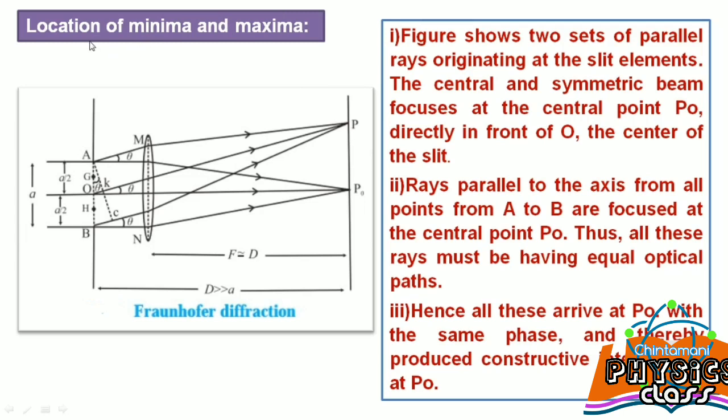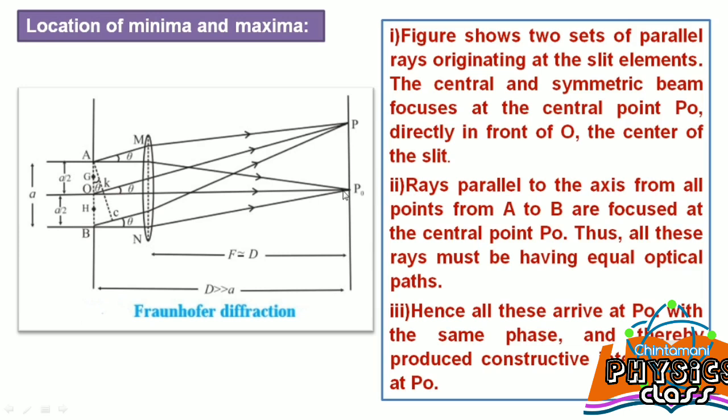Now the next point is the location of minima and maxima. The given figure shows two sets of parallel rays originating at the slit elements. The central and symmetrical beam focuses at the point P0, directly in front of O, the center of the slit. The rays parallel to the axis from all points A to B are focused at the central point P0.